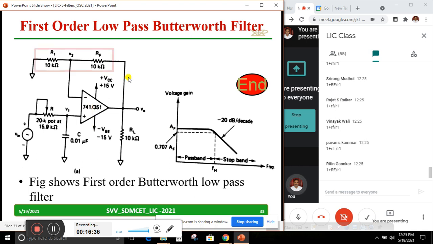And we are using R1 and RF. Correct, 1 plus RF by R1, because you have taken R1 and RF. Hope all of you completed. Let me go to the next.